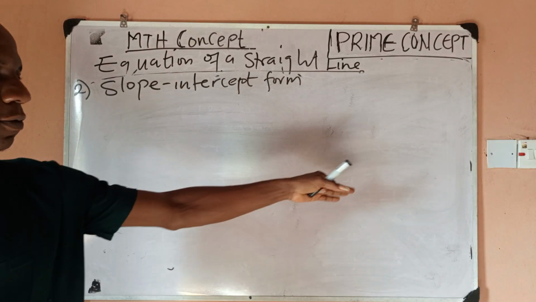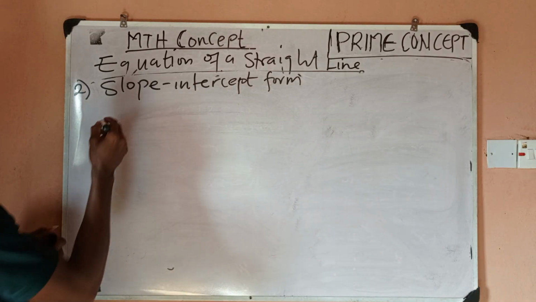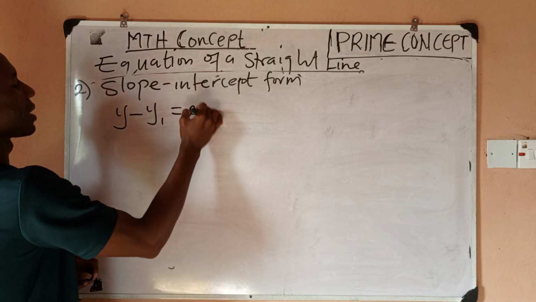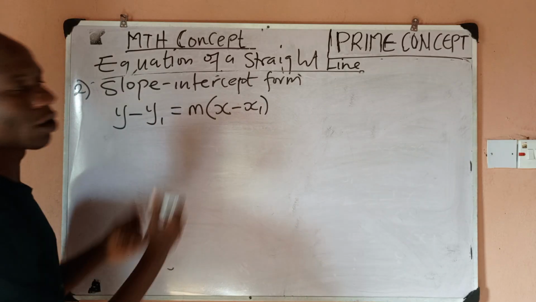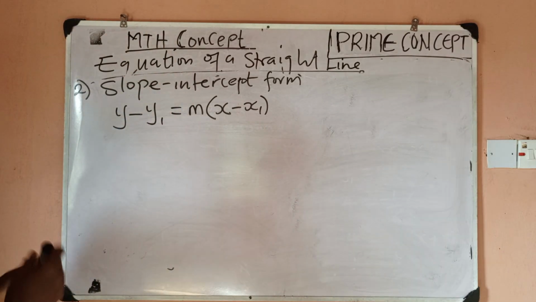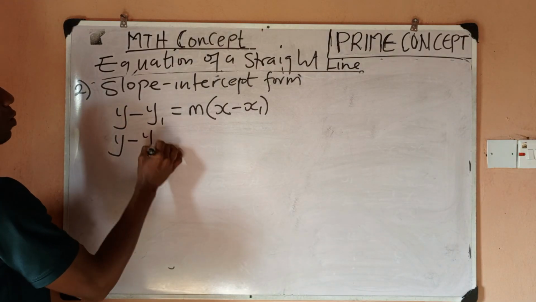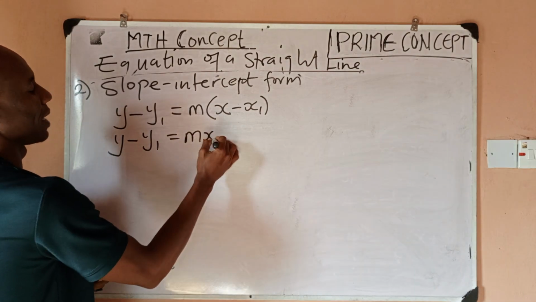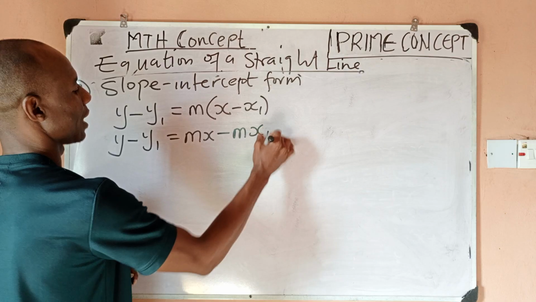Now, if we carry on from the equation we already derived, which is y minus y1 equals m into x minus x1, we're going to arrive at the slope-intercept form, right? Now, what I'm going to simply do is I have y minus y1 equals, if I expand this, it's going to give me mx, then when you open this, you'll have mx1.